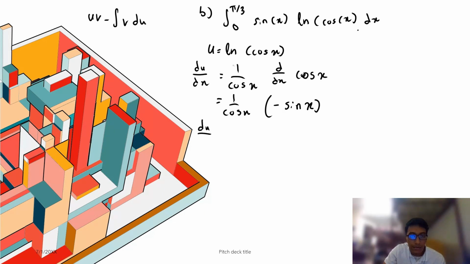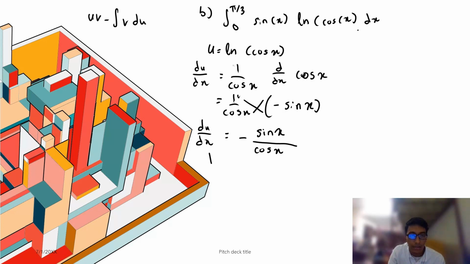Then du over dx equal to negative sin x over cos x, because this is a multiple product.